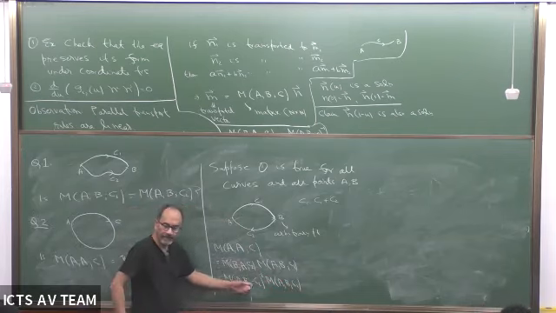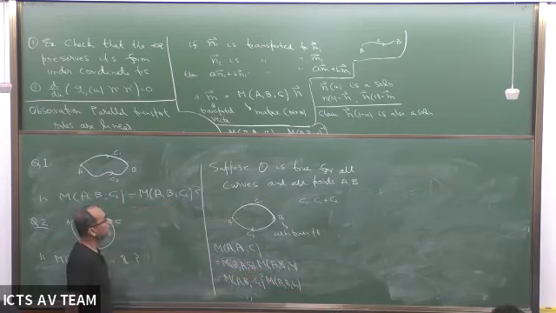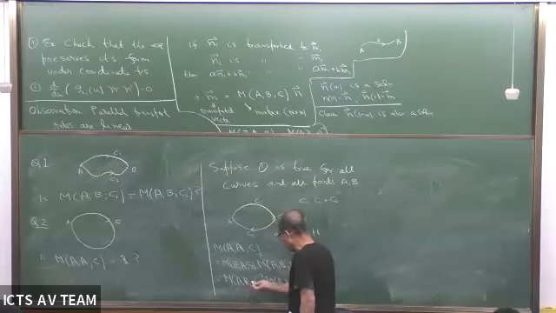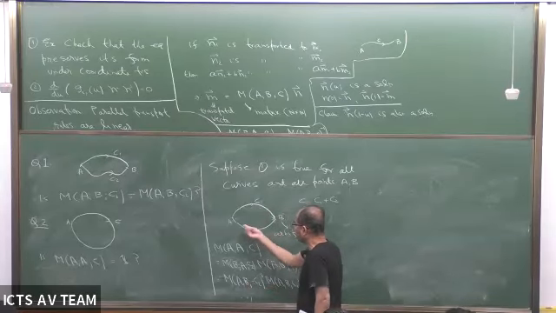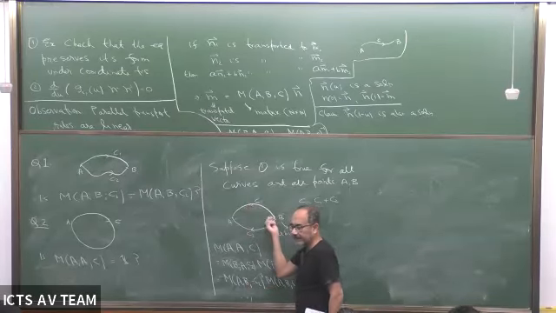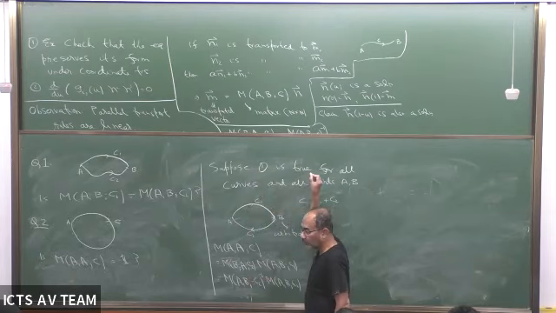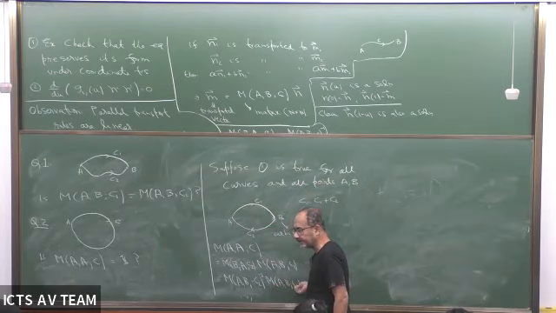M_BAC2 is M_AB minus C2 inverse, right? By that relation that you had somewhere, maybe I have erased it by now. But you see, minus C2 and C1 are just two curves that connect A and B. So by 1, if 1 is true, then M_AB minus C2 is the same as M_ABC1.